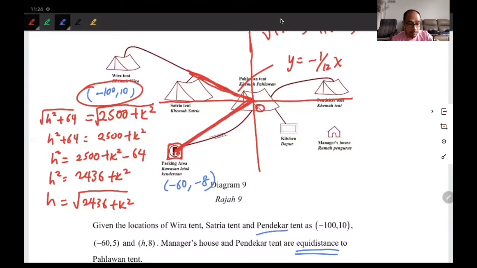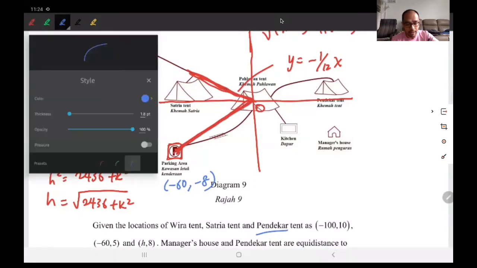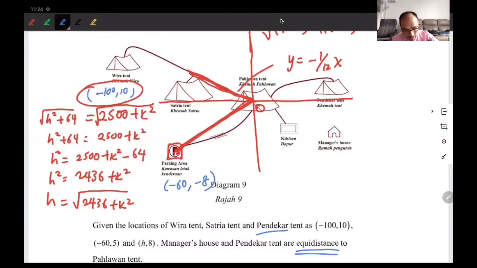Some of us thought it's talking about this line. Maybe this is perpendicular, maybe this is perpendicular. But the problem is, if I want to do this blue color, I don't know what point I should use. It can be on any line, and it can be perpendicular.